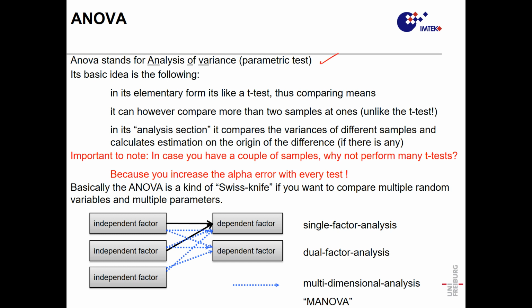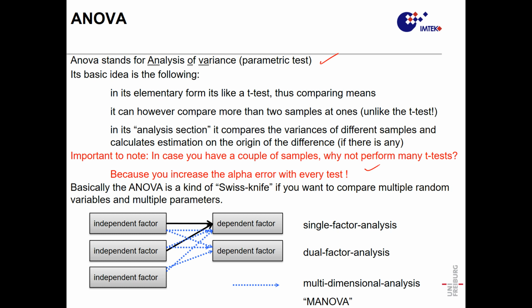It is, of course, a parametric method, and it implies that the data or the residual of your model is normally distributed. If not, you cannot use it, or it loses power, let's say. And basically, this is what I said before: you have a dependent and an independent factor. The dependent factor will be the thing that you are measuring in 3 different cases, for example, in our case.